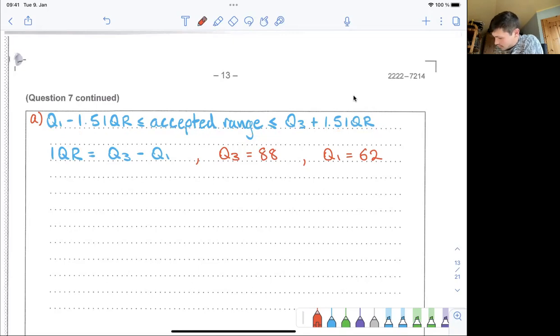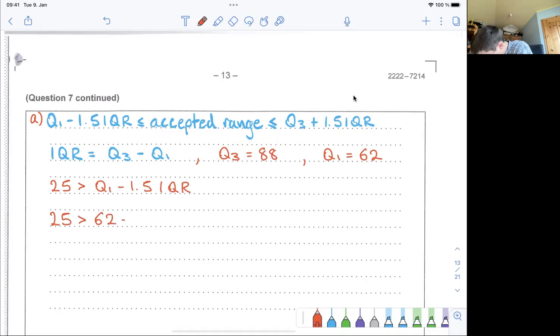So what we need to do is say 25 is more than Q1 minus 1.5 times the interquartile range. That is, 25 is more than 62, which is Q1, minus 1.5 multiplied by 88 subtract 62.